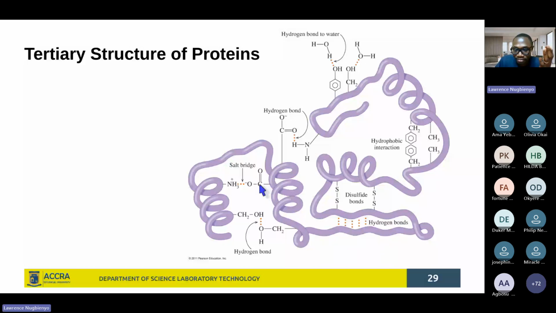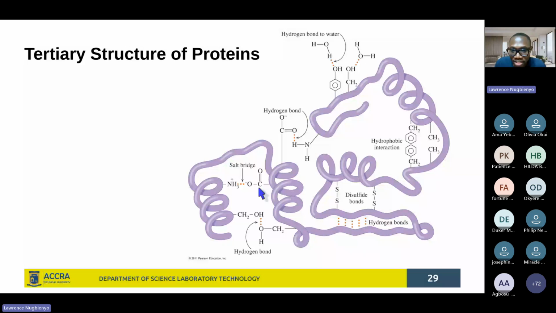So four of them: salt bridge, hydrogen bond, disulfide bonds, and hydrophobic interactions as the bonds that you find in the tertiary structure of proteins.